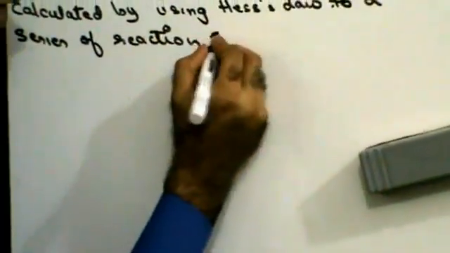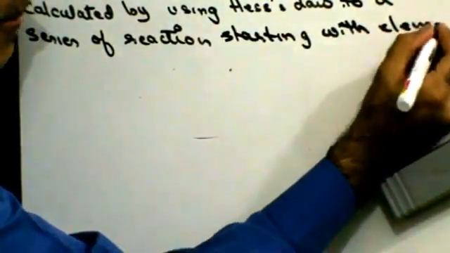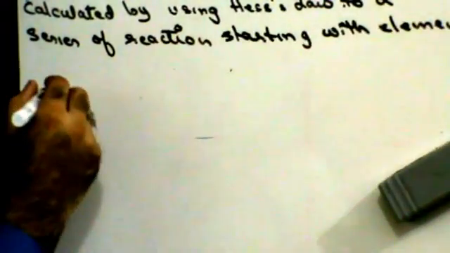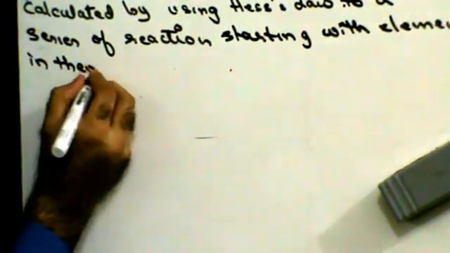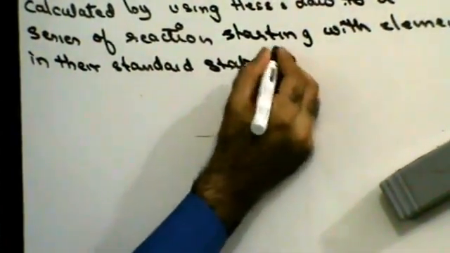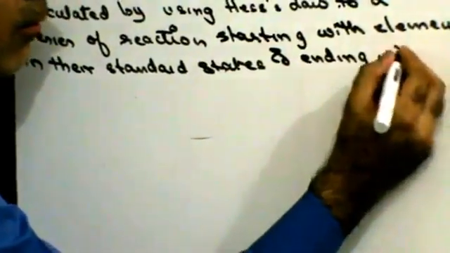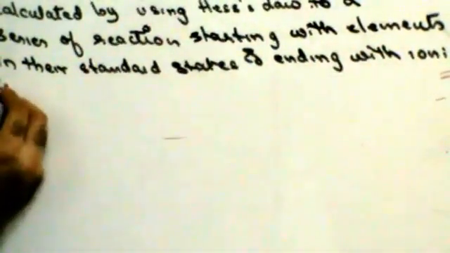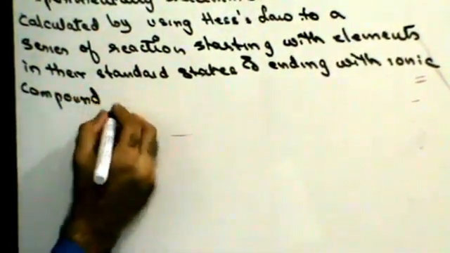So it can be calculated by using Hess's law to a series of reactions starting with elements in their standard state and ending with ionic compound in its standard state.